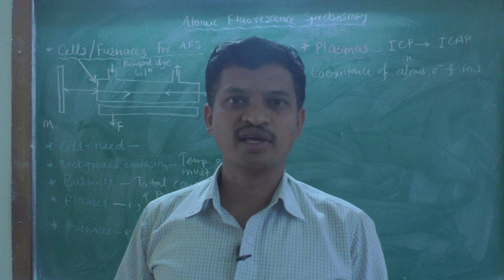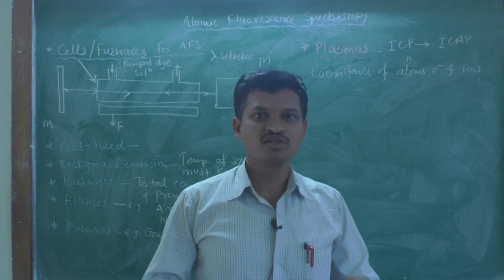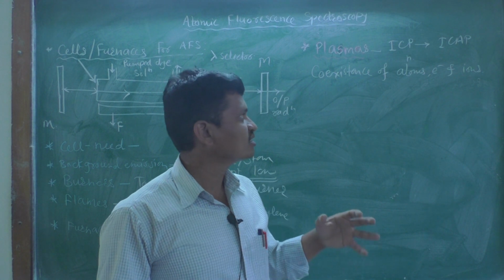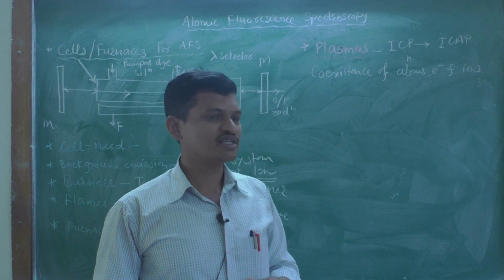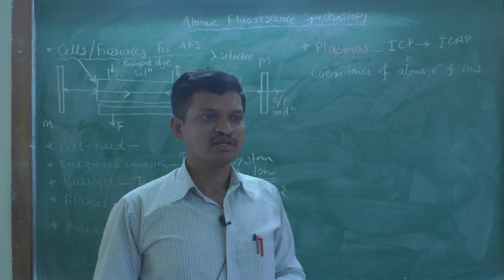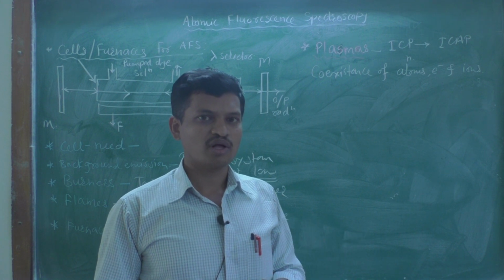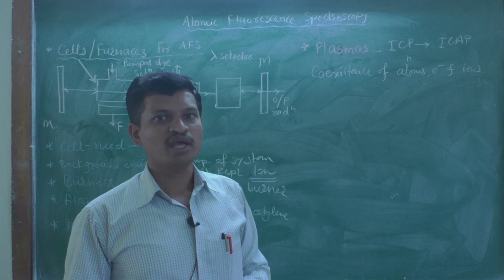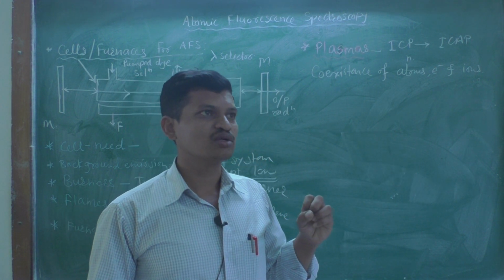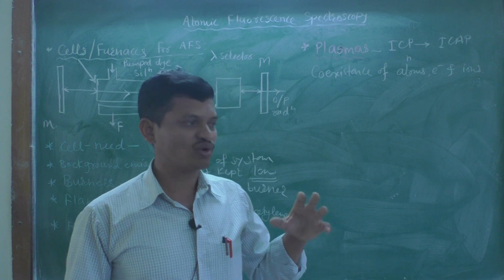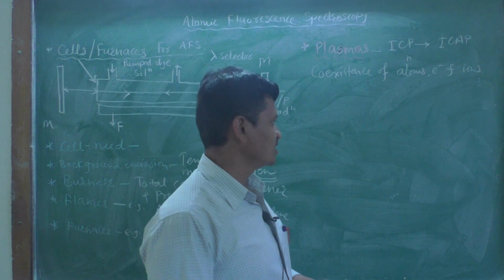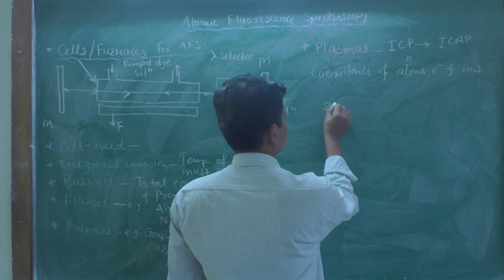So plasma is formed when argon gas, along with our sample, is used for the formation of plasma, with the help of seed electrons.